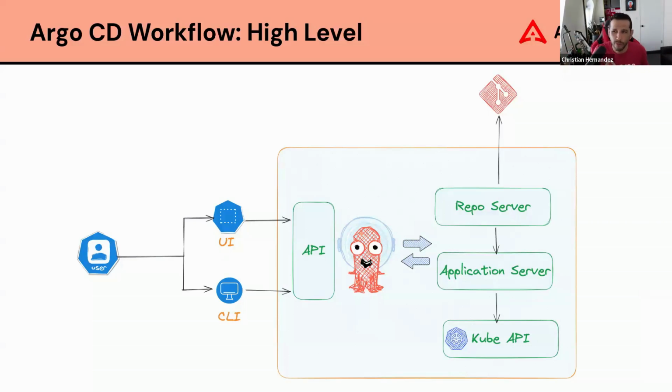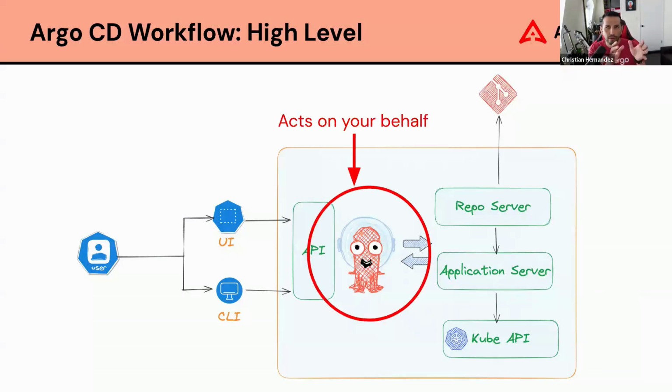There's more little moving parts, intricate parts, but this is from the high level what happens when you interact with the Argo CD API. So Argo CD acts on your behalf, right? It's your intermediary between what's happening in the API and what's happening on the back end. And so you're interfacing with this API that's actually doing things on your behalf.